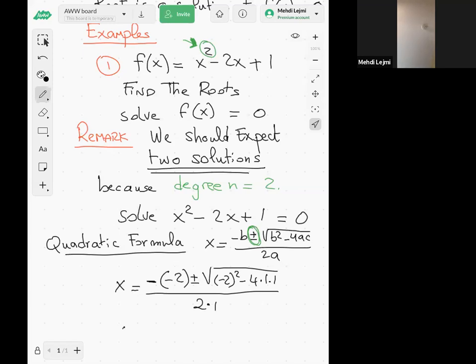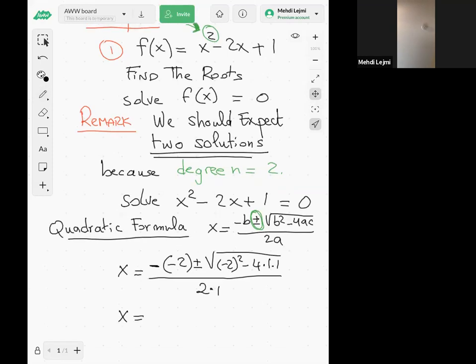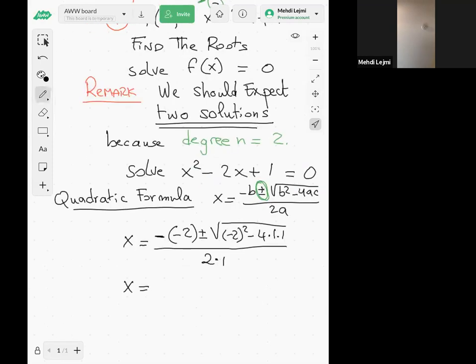So your x is minus negative 2, so that's positive 2, plus or minus square root of what? Well, 4 minus 4 is 0, so that's square root of 0, over 2. So it's actually 2 over 2, it's 1, right? So actually we end up with only 1 solution, but we are supposed to have 2 solutions.